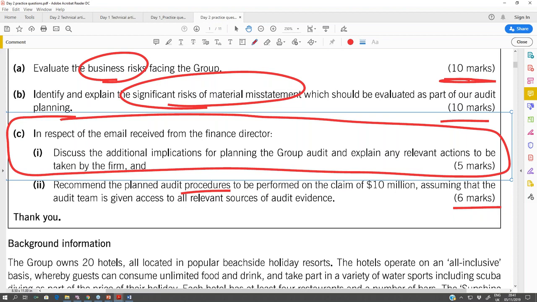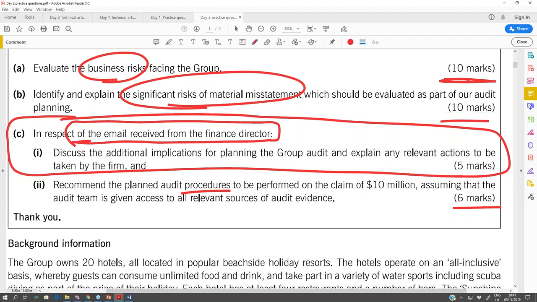Now again, there is an email here. This time the email is coming from the finance director. There must be something suspicious in this email. So, in respect of the email received from the finance director, discuss the additional implications for the planning of the group audit and explain any relevant actions. We have 5 marks. You know the marking scheme, 5 divided by 2. But there is a specific email and we need to do something on that email of the finance director.